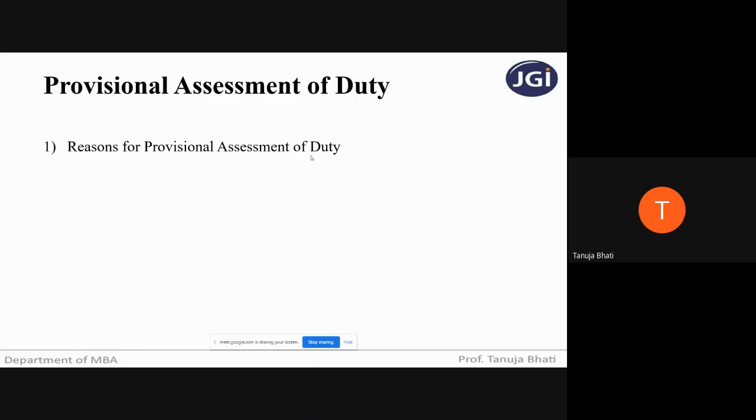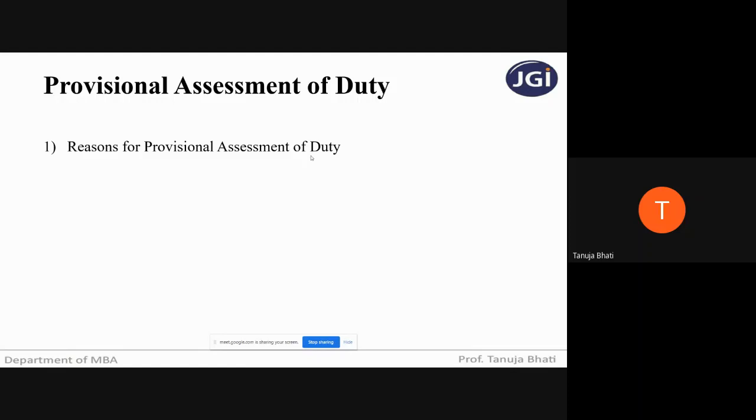Suppose the importer or the exporter is not able to self-assess the tax. We know that customs duty is to be self-assessed based on the value of imported goods. He has to find out himself what the customs duty payable on that particular import or export is. But suppose an importer or exporter is not able to self-calculate the tax.